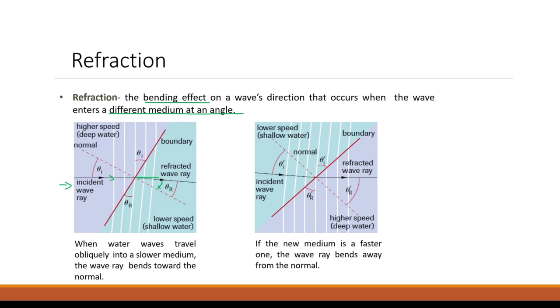So if we go the other way from lower speed shallow water to higher speed deep water, we're coming in with this incident wave ray, and instead of continuing a little bit straighter, it bends away from this normal.